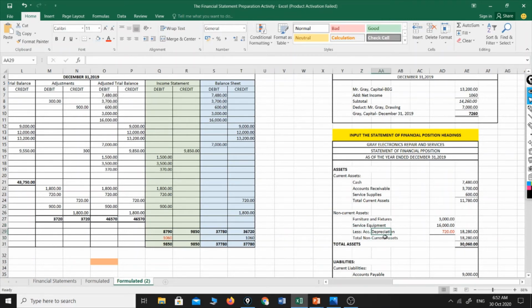But you may also do this, wherein you total all the fixed assets, and the accumulated depreciation is generally the total amount also. So again, after having the fixed asset amounts, furniture and fixtures and service equipment, we just deduct the total amount of the accumulated depreciation.